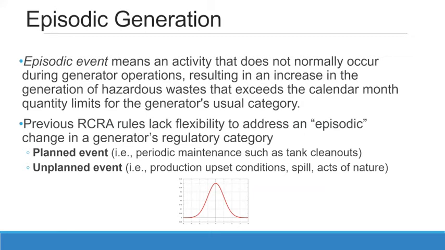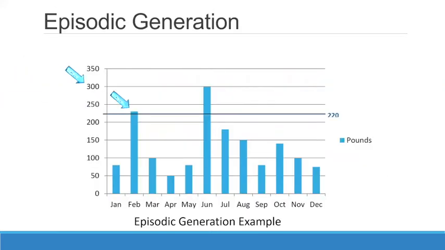Next slide, please, Marcy. This slide basically describes what Gary was talking about earlier about what you generate in a calendar month. When we determine a generator's category, you do not average it over a year or 6 months. It's what's actually generated in that calendar month.